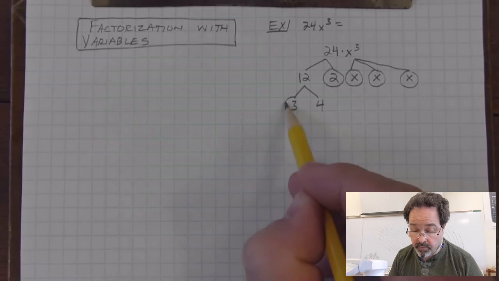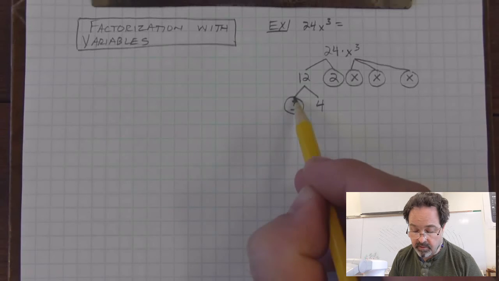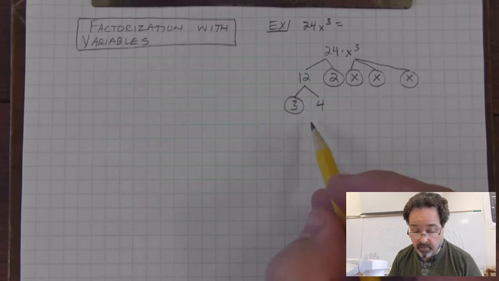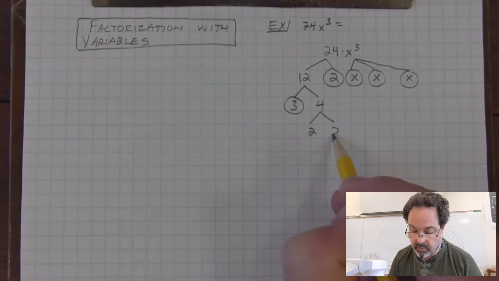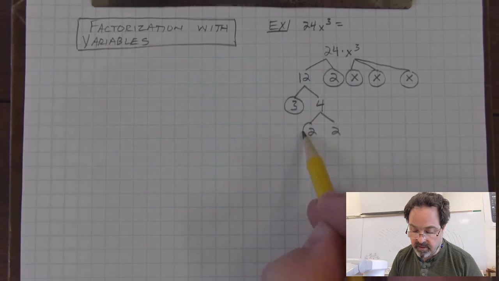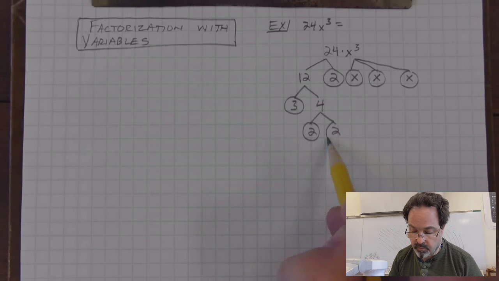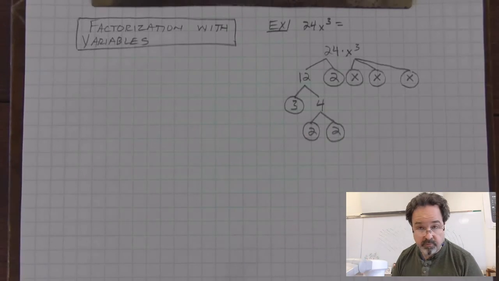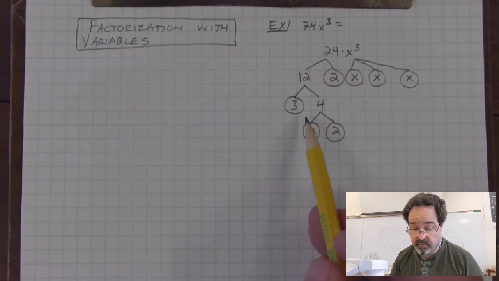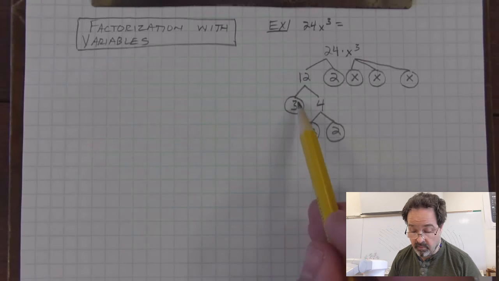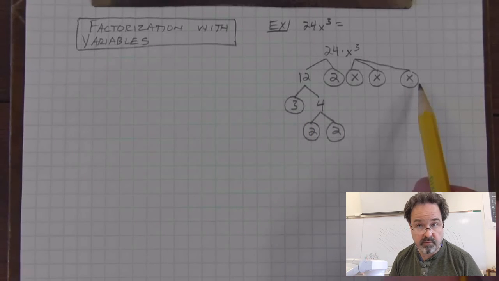There's no number other than 1 and itself that divides 3. 4 is not prime because 4 can be expressed as 2 times 2. And we've already reasoned that 2 is a prime number, so we stop at 2. There are no more numbers to continue to factor, so the prime factorization is the product of all of the numbers that have been circled.